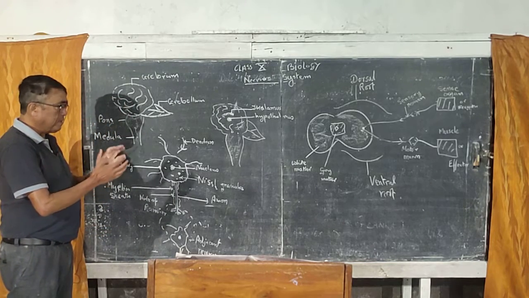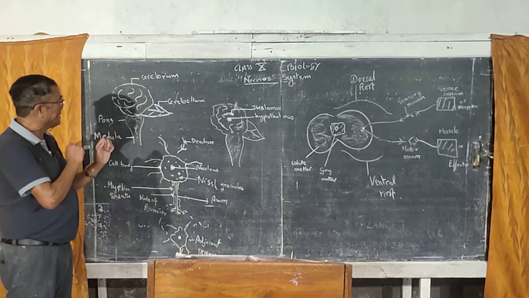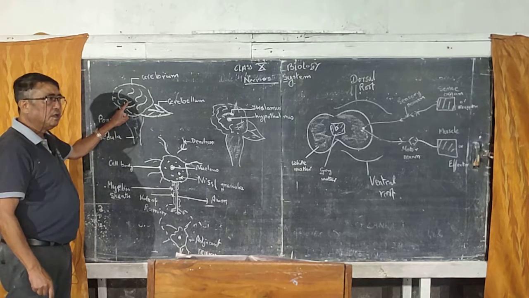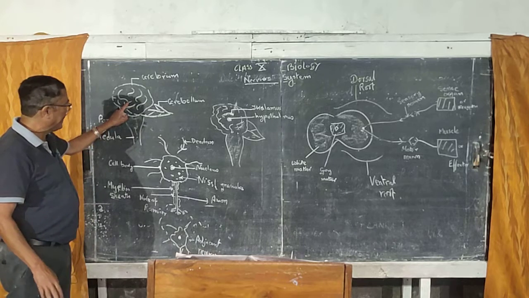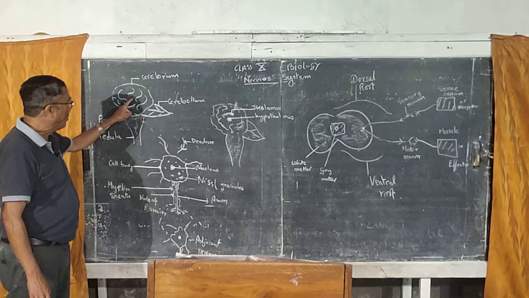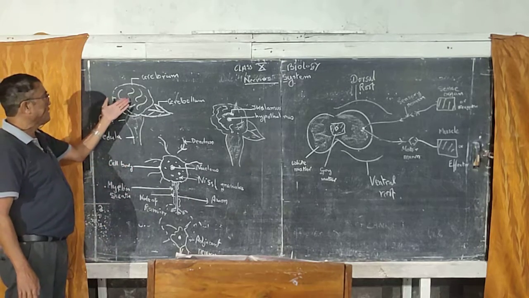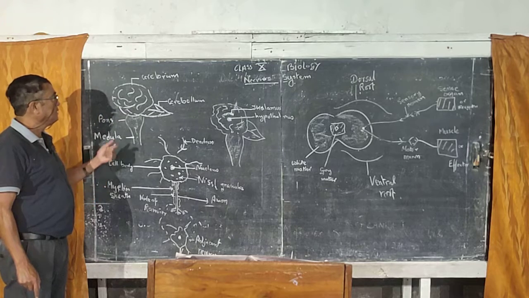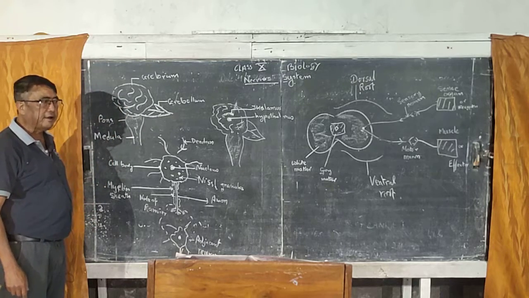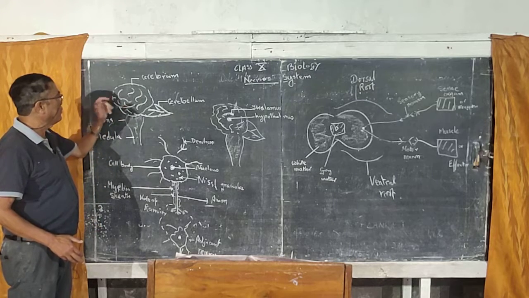The cerebrum consists of two halves, but internally it is connected by a sheath of nerve cells called corpus callosum. This term is important. Within the brain, there are cavities. These cavities are filled with a fluid called cerebrospinal fluid, which is nutritive in function.